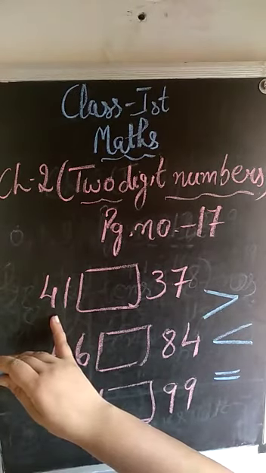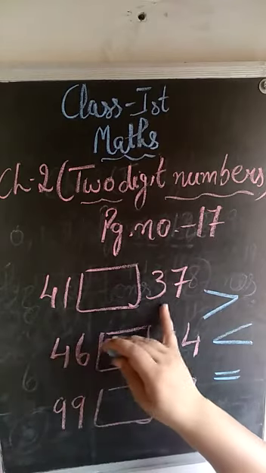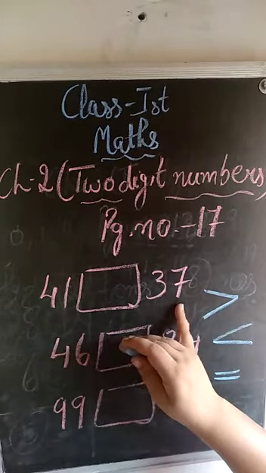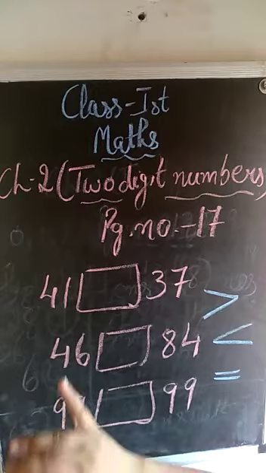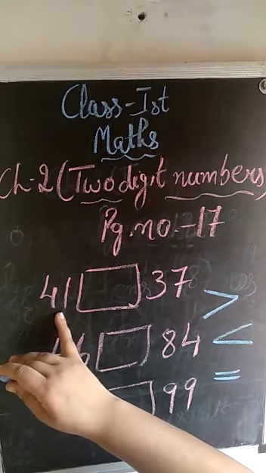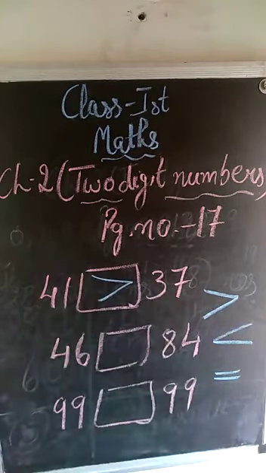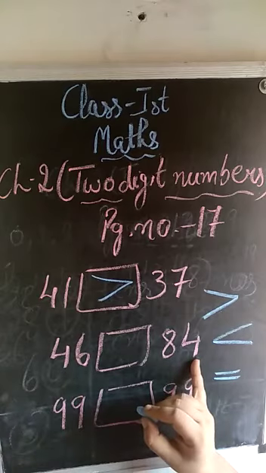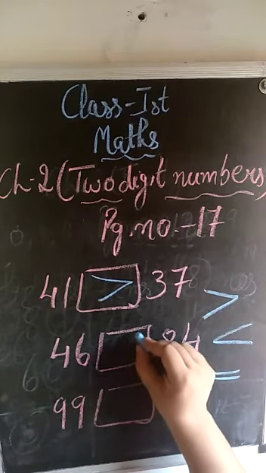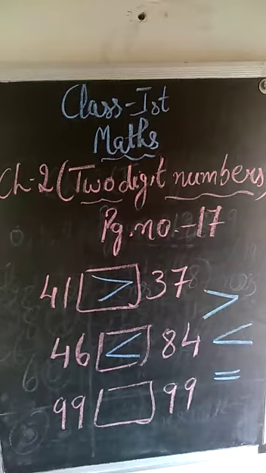Here we have 41 toffees and 37 toffees. On which side do we have more toffees? That is on the 41 side. So the crocodile will open its mouth on the 41 side. But here, as we have the numbers 46 and 84, the crocodile will open its mouth on the 84 side, because 84 is greater.